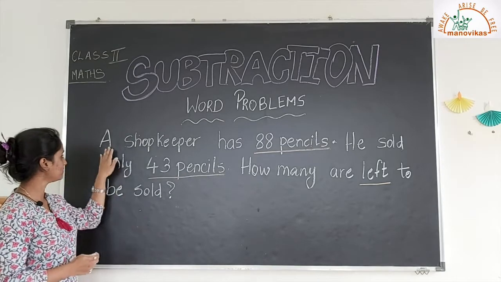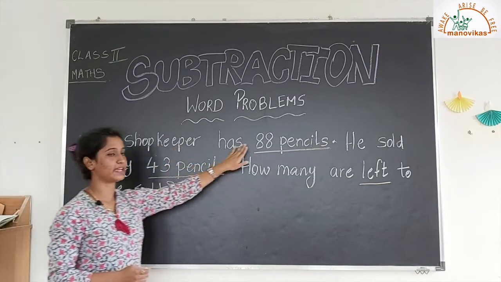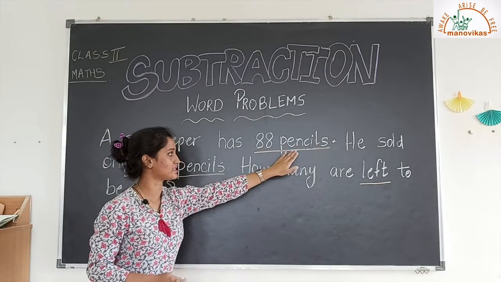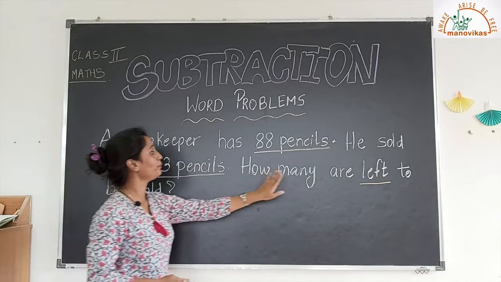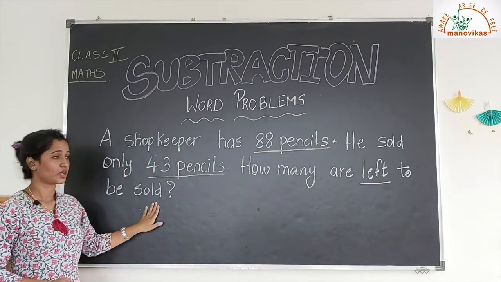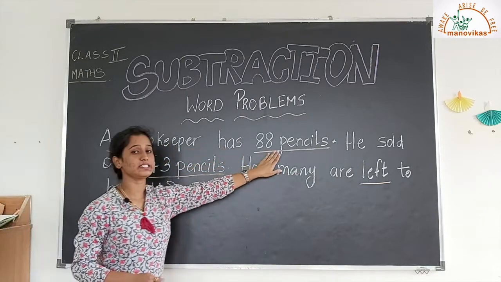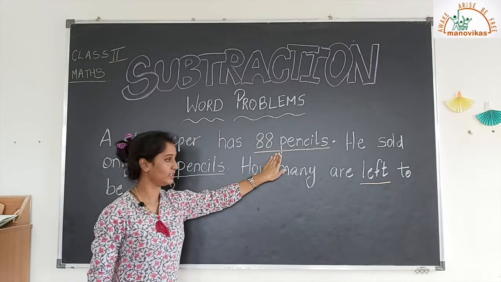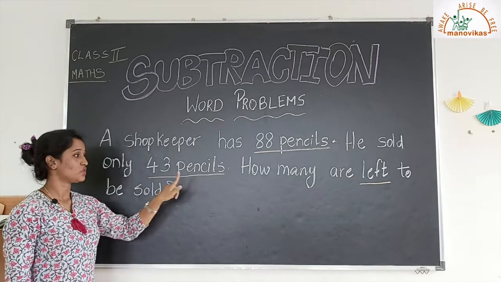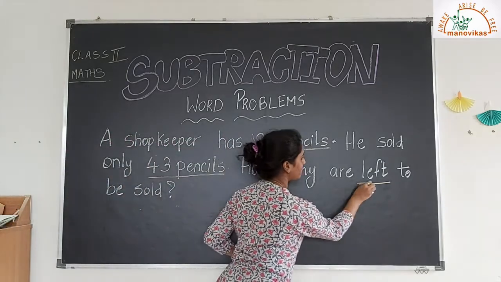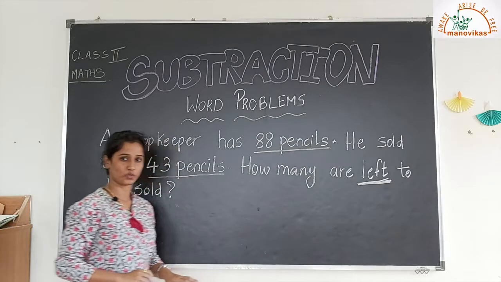Second example, a shopkeeper has 88 pencils. He sold only 43 pencils. How many are left to be sold? So a shopkeeper has 88 pencils, correct? He sold only 43 pencils. So the keyword here is how many are left to be sold, correct?